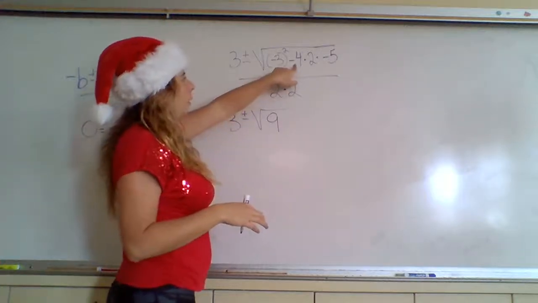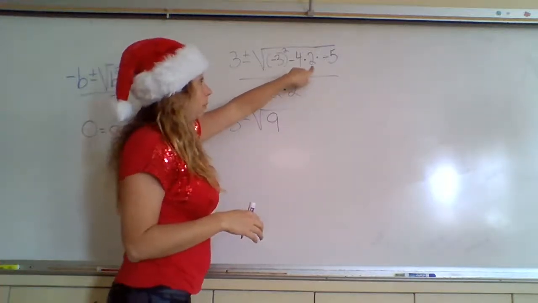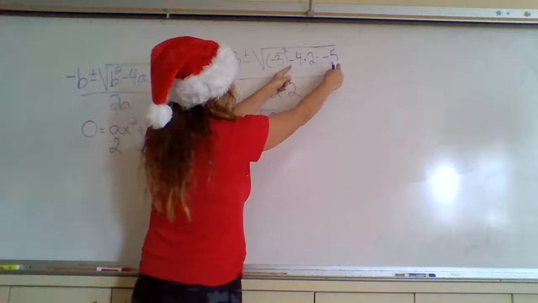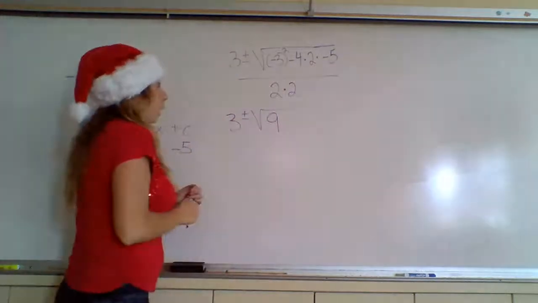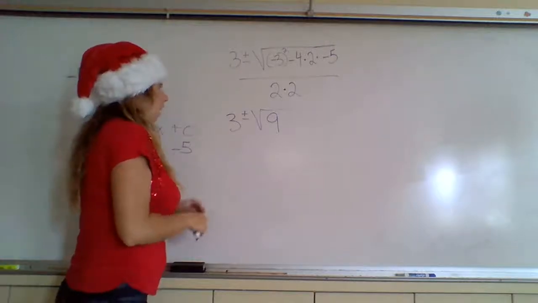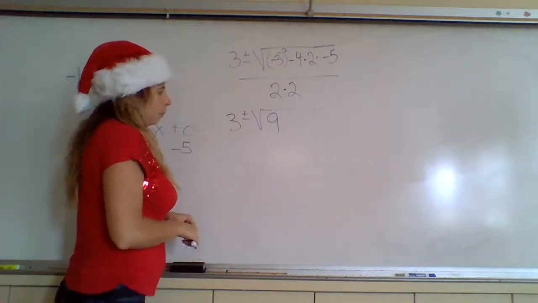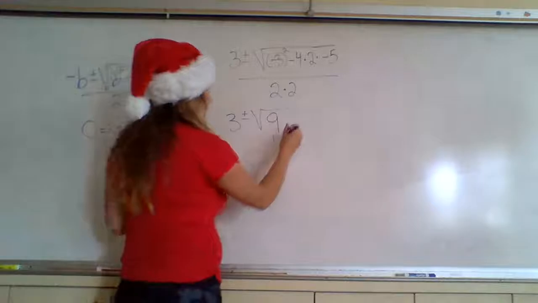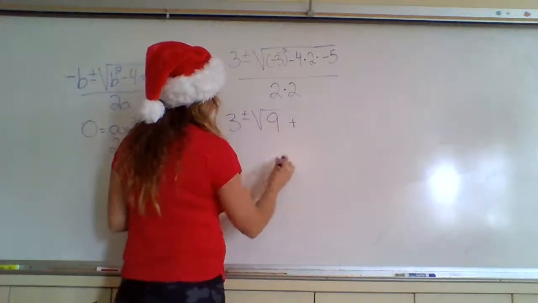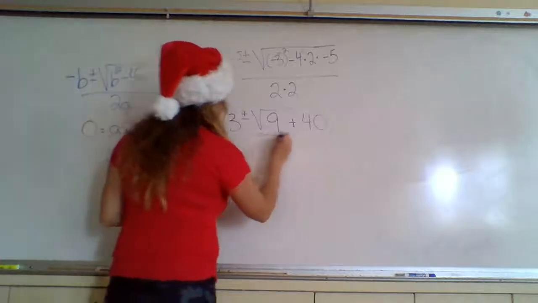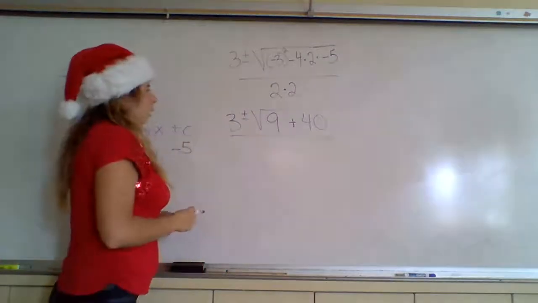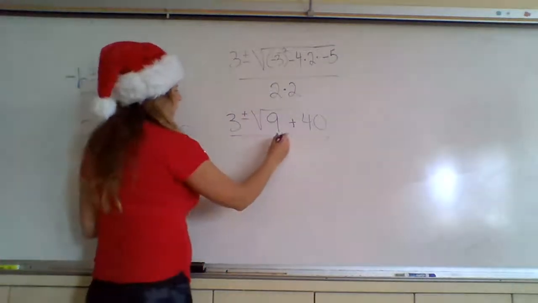Negative 4 times 2. So remember, you multiply these 3 together. Negative 4 times 2 is negative 8. Times negative 5. Negative 8 times negative 5 is going to give you a positive, and it is positive 40. All over 2 times 2, which is 4.